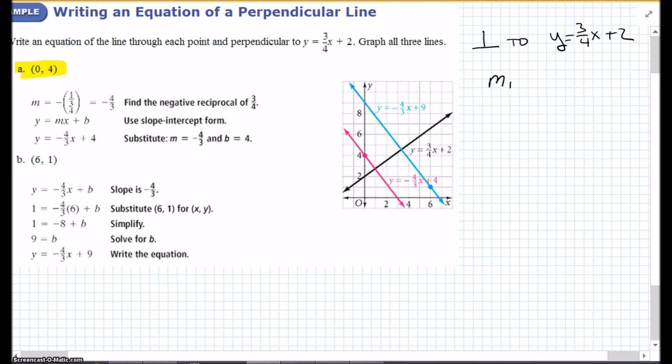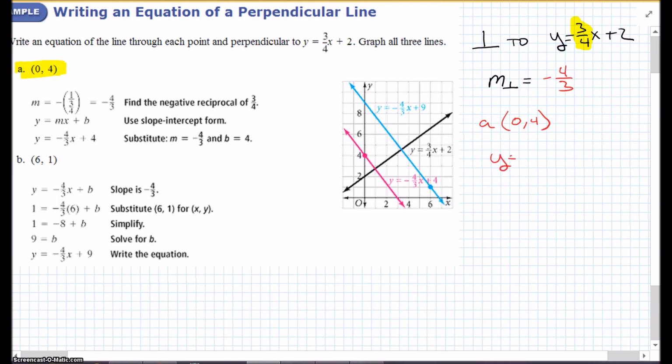So what is the perpendicular slope? Well, it's the opposite reciprocal. So if the slope for the first one is 3/4, the slope for the perpendicular line has to be negative 4/3.